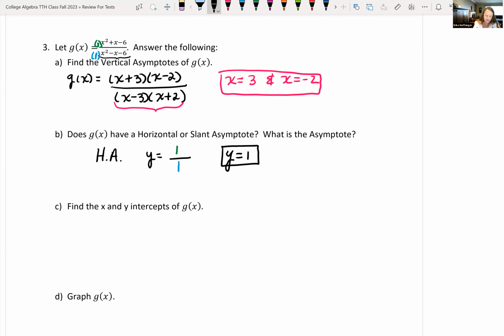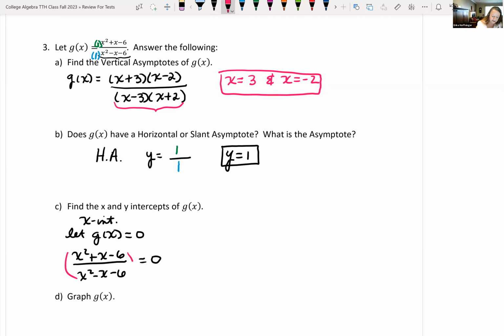So to find the x and y intercepts, x-intercepts, we let g of x equal 0. So we have x squared plus x minus 6 all over x squared minus x minus 6 equal to 0. Clear your fraction, multiply both sides by your denominator, x squared minus x minus 6.